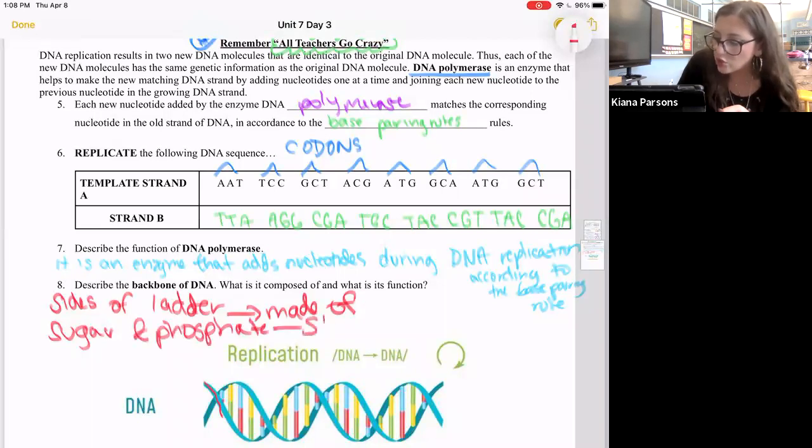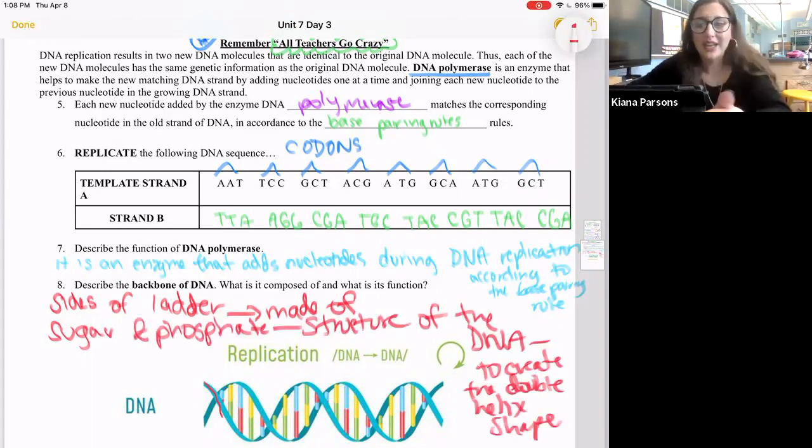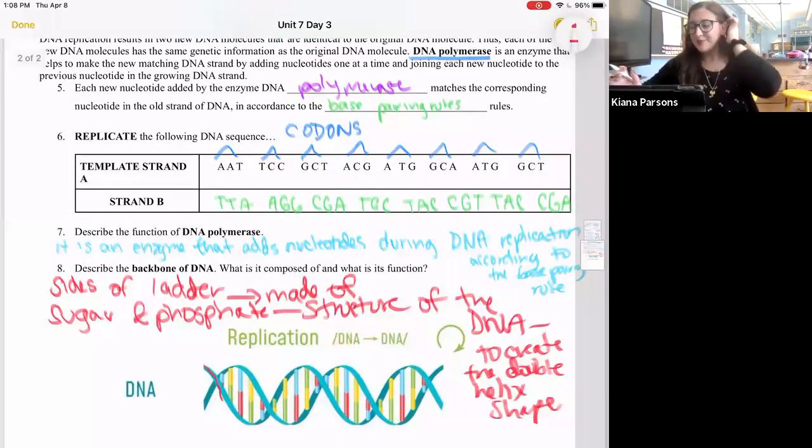And it is the structure of the DNA to create the double helix shape, which really maximizes the amount of genetic information that can be contained within the DNA molecule itself.